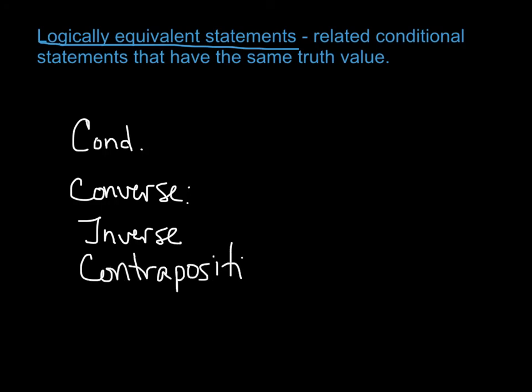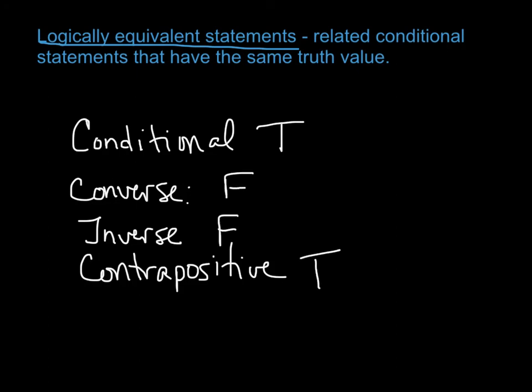Now, in our butterfly problem, the first one is true because that was your original statement. Your converse was false, your inverse was false, and your contrapositive was true. So the conditional statements that have the same truth value, for example, conditional and contrapositive, and then converse and inverse, they are logically equivalent statements.